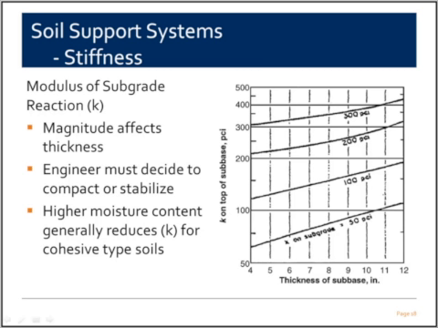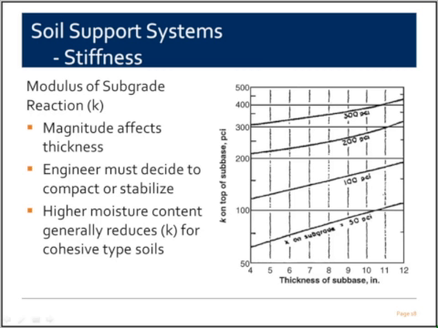For example, on this one, the curve goes from 65 PCI for a 4-inch subbase to 110, 120 PCI with a 12-inch subbase, but the gains are incremental, and typically you can't make a poor subgrade into a great subgrade by just adding a subbase to it. That's what I'm trying to illustrate here.